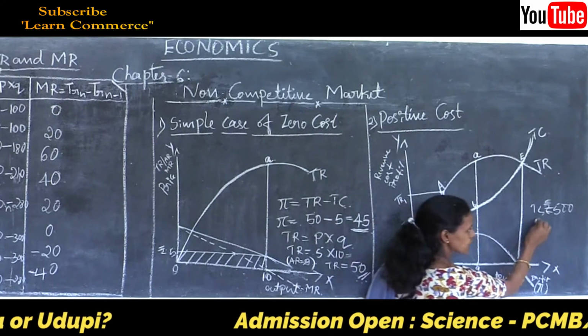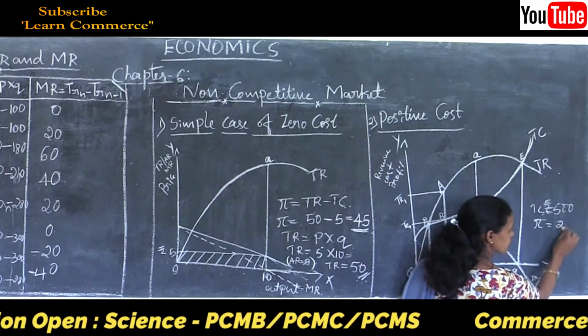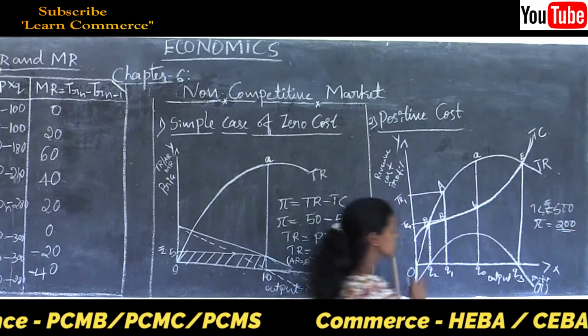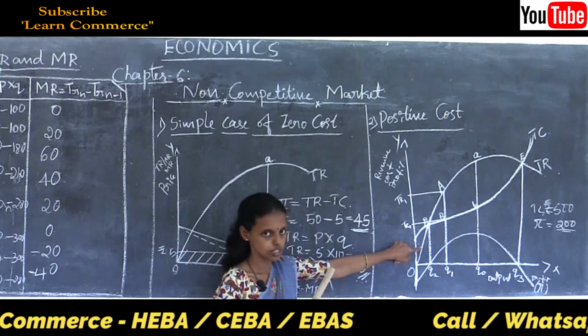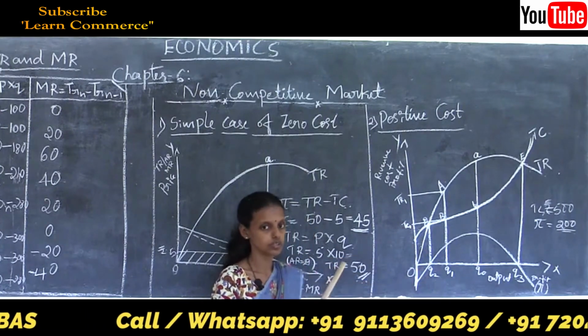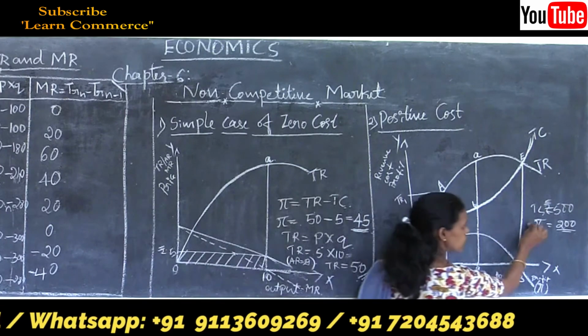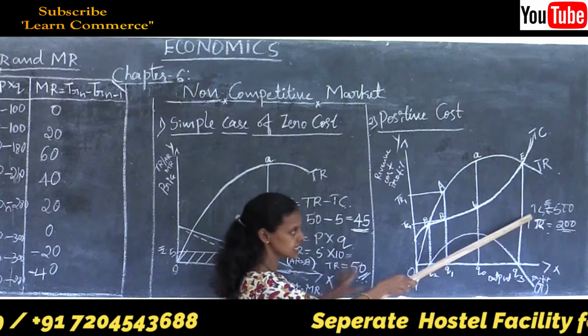So, you are going to get a total revenue of only 200. So, it shows a loss: total cost is more than total revenue. When total cost is more than total revenue, it leads to loss. TR must be more than TC.